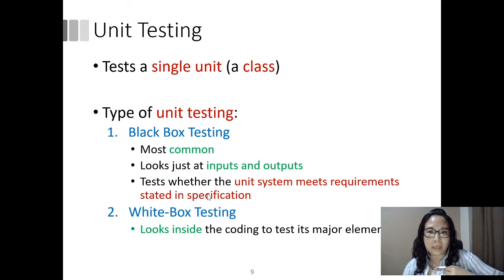The second type is white box testing, whereby the testing goes through each code. I will not explain white box testing in detail, because it will be done by the programmer and it's very technical. Just remember that as a consultant, we usually only do the black box testing.